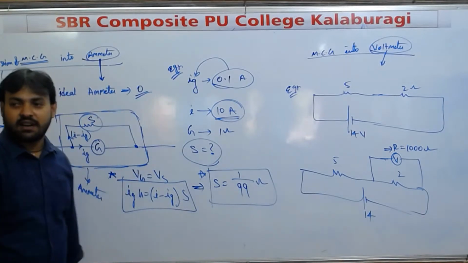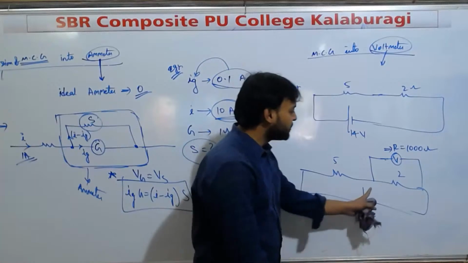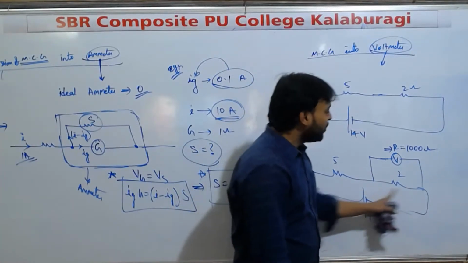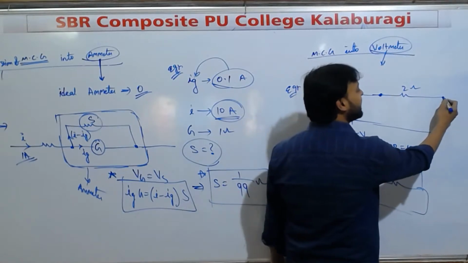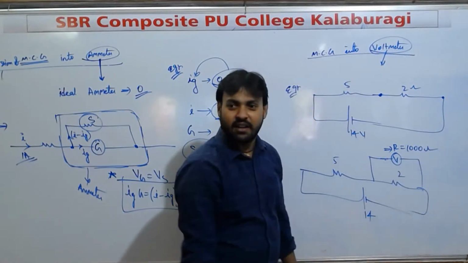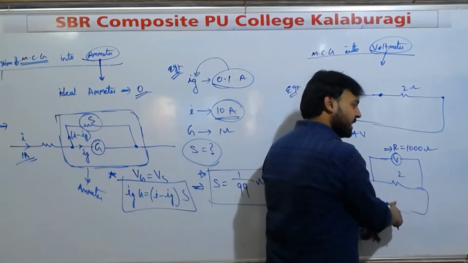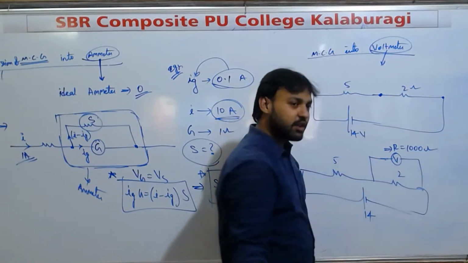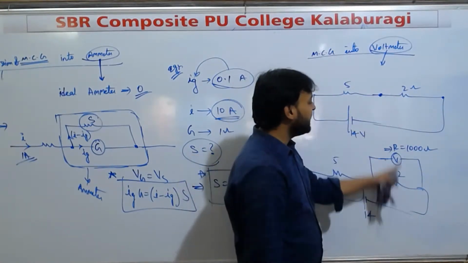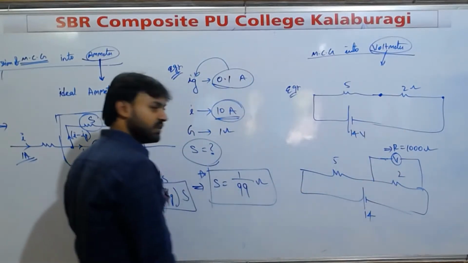Find the percentage error. Across what? Across 2 ohms only, no? Here I place the voltmeter across 2 ohms. Here also we have to calculate the potential difference across 2 ohms only. Find the error between these two measurements, like the previous question.